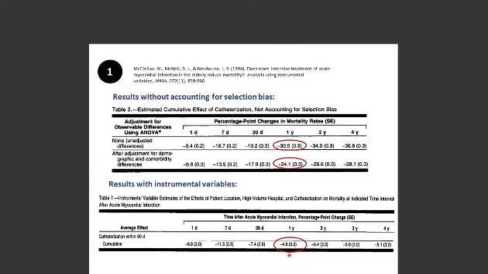And so this just highlights what the paper had already predicted or hypothesized: that if we didn't account for the selection bias, the effect would be overstated because healthier and younger patients are selecting into more intensive treatment.